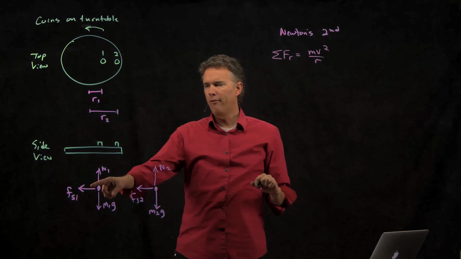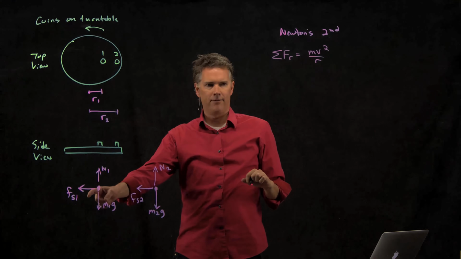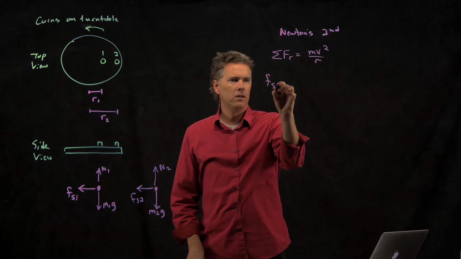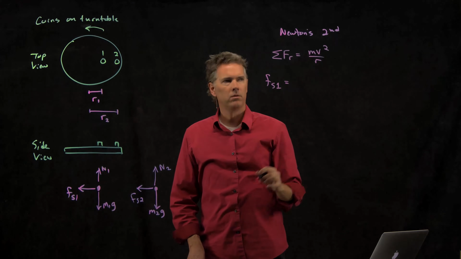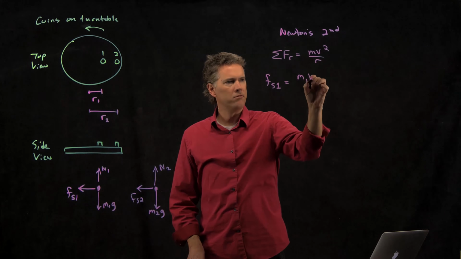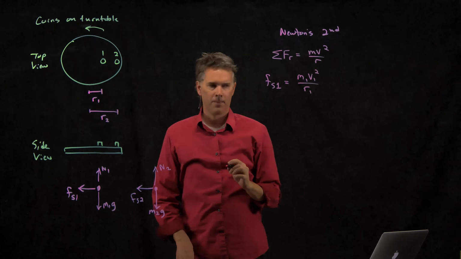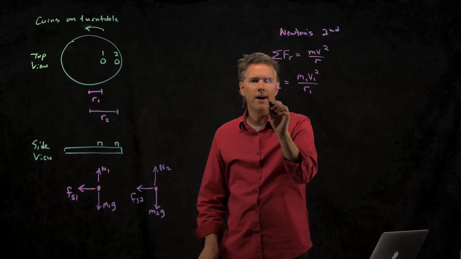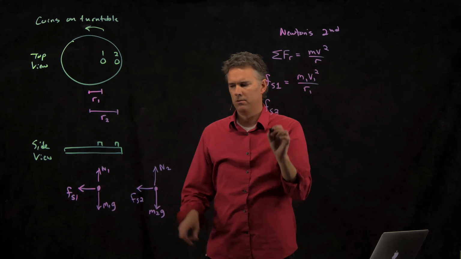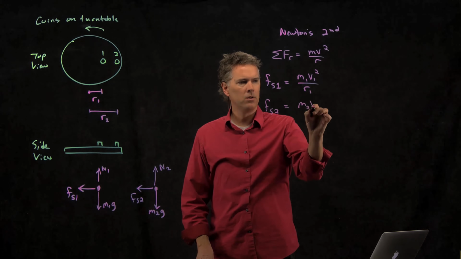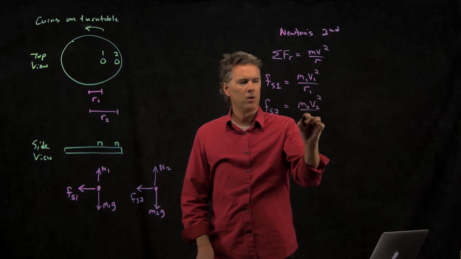We only have one force in the radial direction. It's Fs1. So Fs1 equals m1 v1 squared over r1. Fs2 for this particle will equal m2 v2 squared over r2.